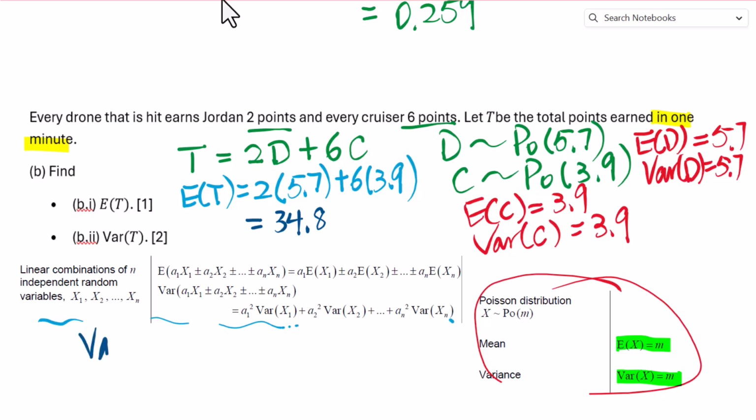For variance of T, we will use this formula. This time, we have a coefficient.